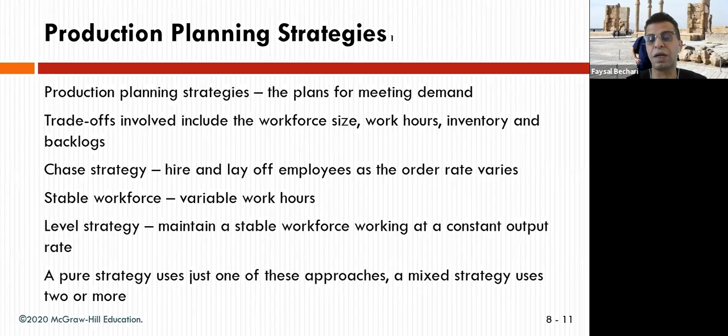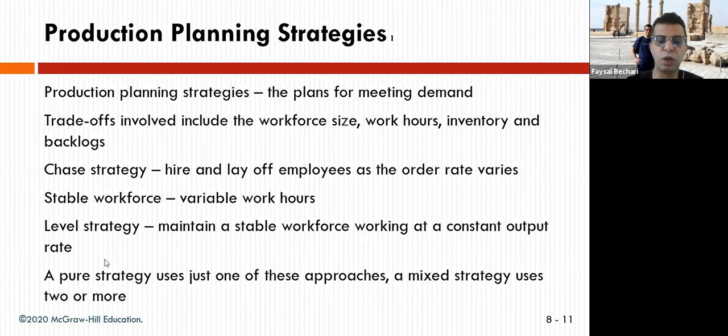So there is what you call a chase strategy, which we saw in the video: hire and lay off employees as the order rate varies. And there is a stable workforce with variable hours, you give more hours, less hours. There is a level strategy, maintaining a stable workforce at a constant output. You have a warehouse, so when the demand is down, you can store the goods, and when the demand is high, take them out of the warehouse.